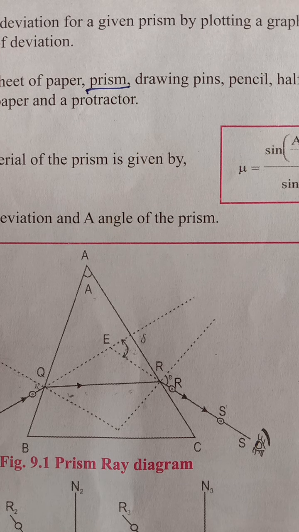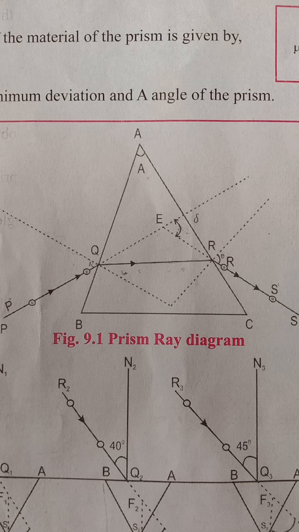So in this diagram, ABC represents the outline of the prism. First of all, we will have to mark the outline of the prism, which will act as the principal section of the prism.